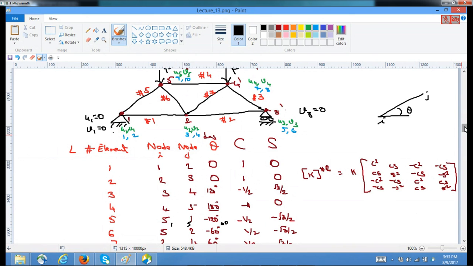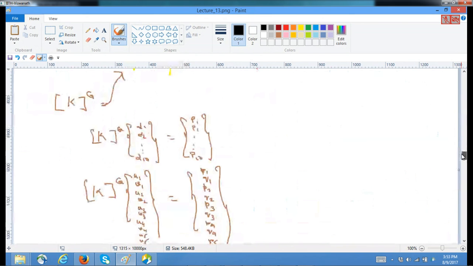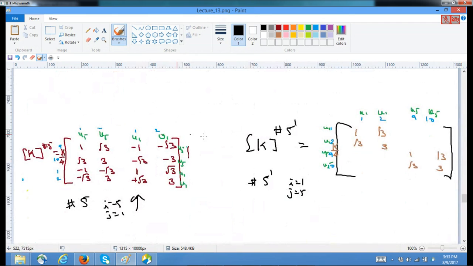However, your stiffness matrix will look something like this. Let me cut it, I just pasted it. What I've done is I've taken I as 5 and J as 1, and I ended up with this stiffness matrix. But let me call it new element 5 dash, whose I is 1 and J is 5.